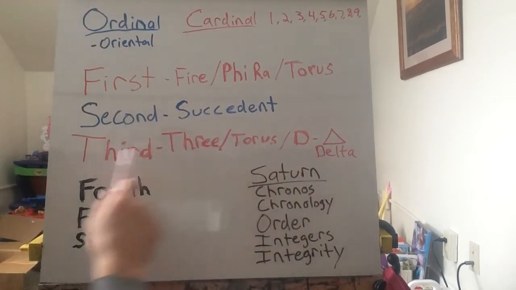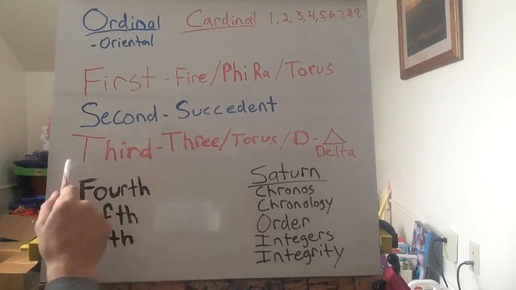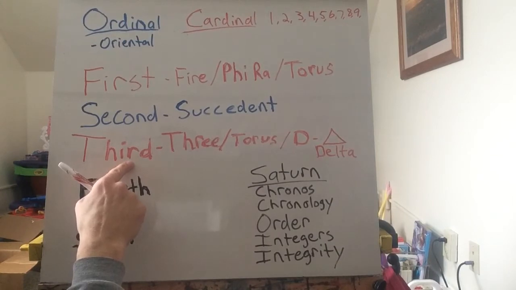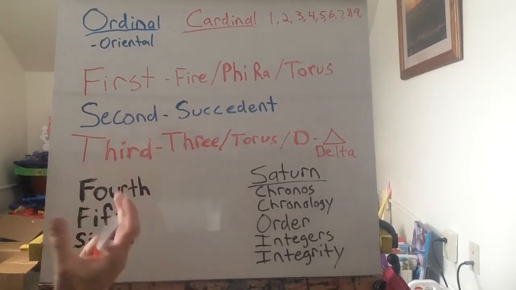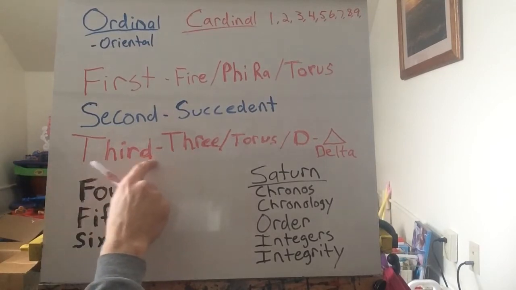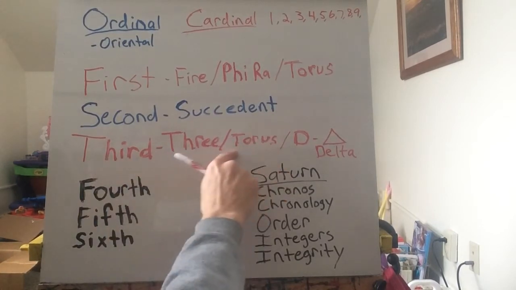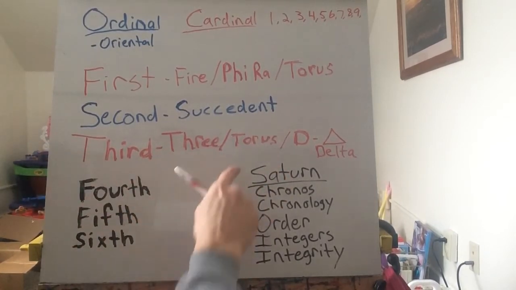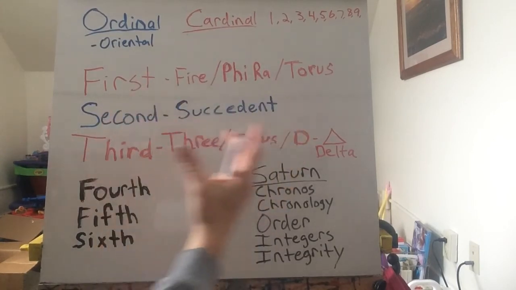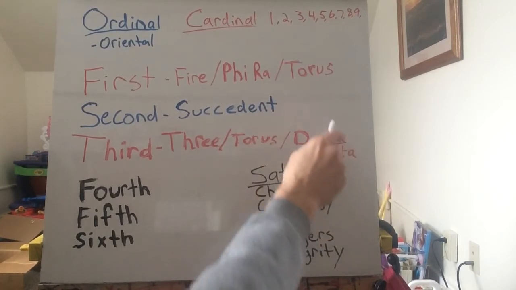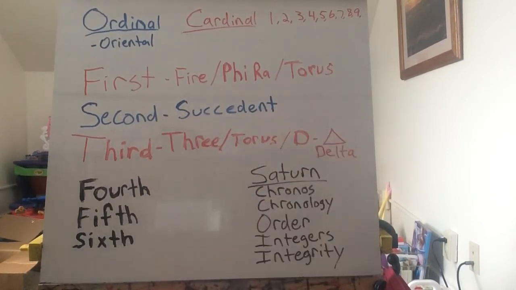Now, third. It sounds a lot like 3 here at the beginning, but the big shift is that the vowel comes before the R in third as opposed to in 3. So there must be a reason for that, and it sure makes it sound and look a lot more like toward, which is going to take me to Taurus every time I hear that tor. And Taurus, again, is the field, but the D at the end takes me to the delta and the triangle, the 3-sided figure, and delta in math and science represents change.